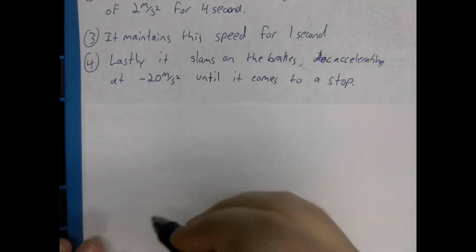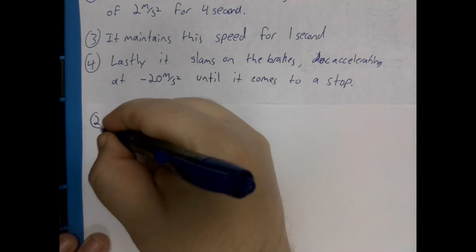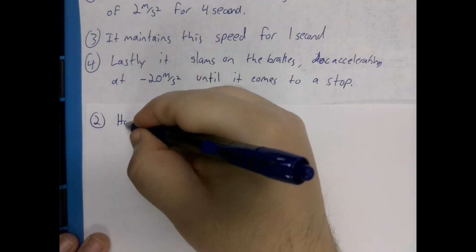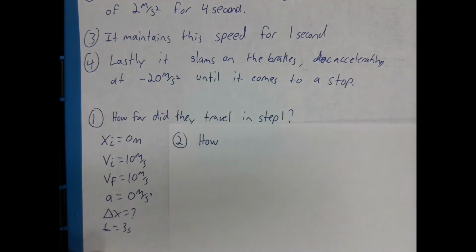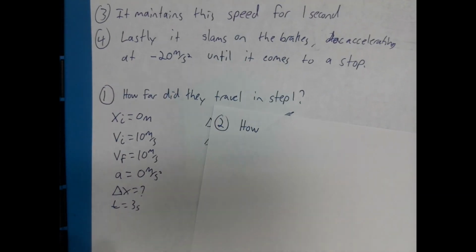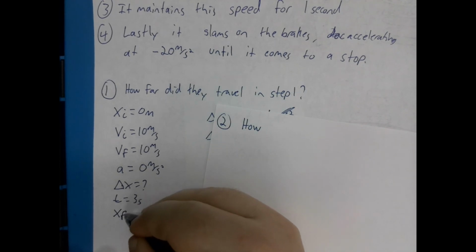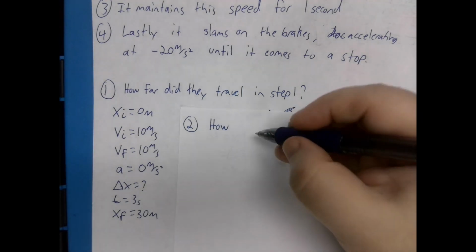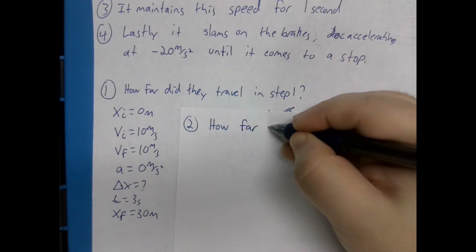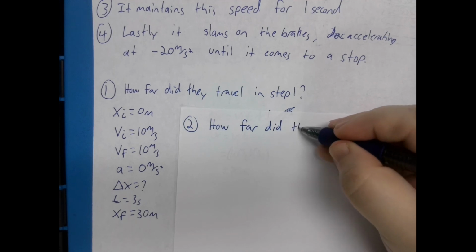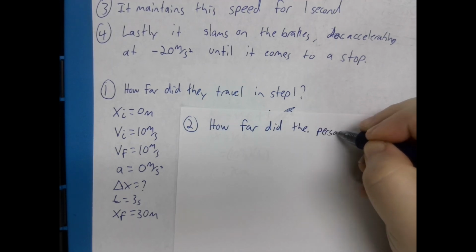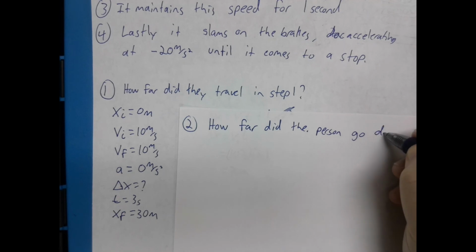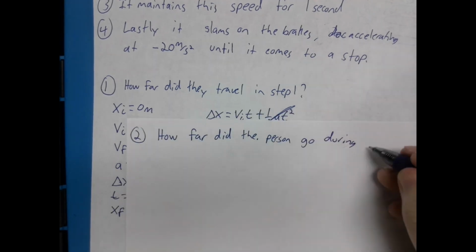All right. For step 2, I should put that our current or final position is now 30 meters. So how far did the person go during step 2?